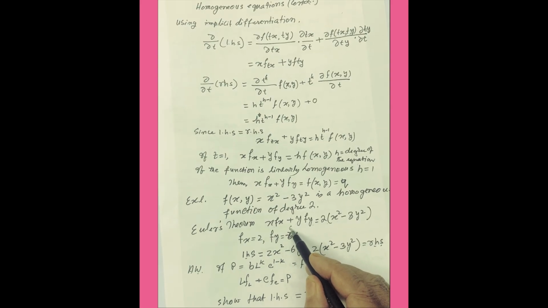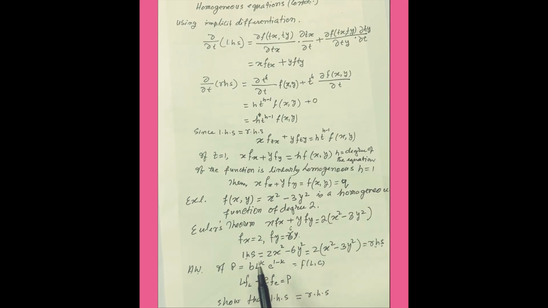So the left hand side is 2x square minus 6y square, which is equal to 2 times (x square minus 3y square), the right hand side. So left hand side is equal to right hand side. Proved.